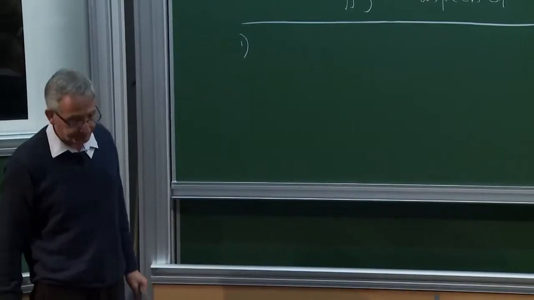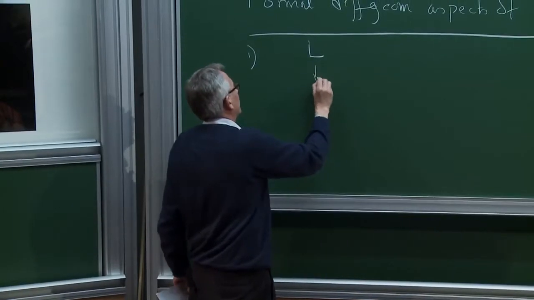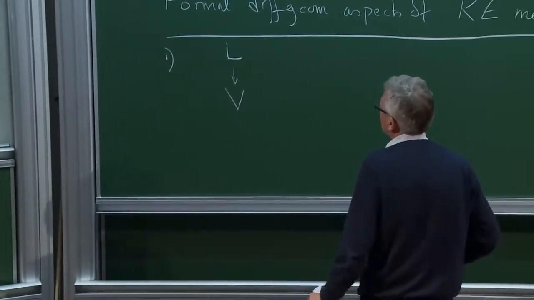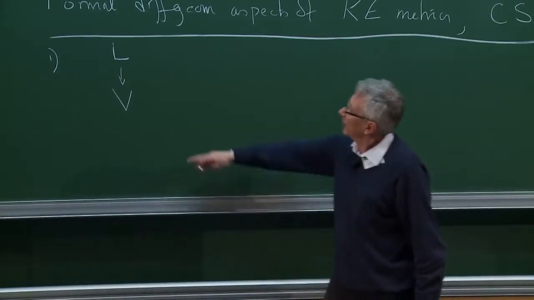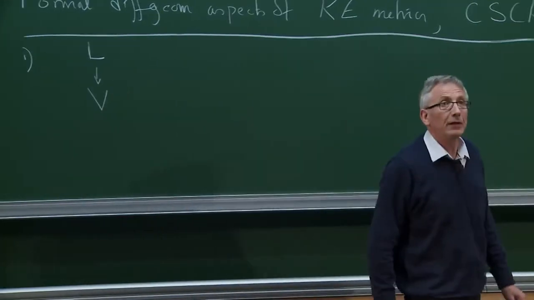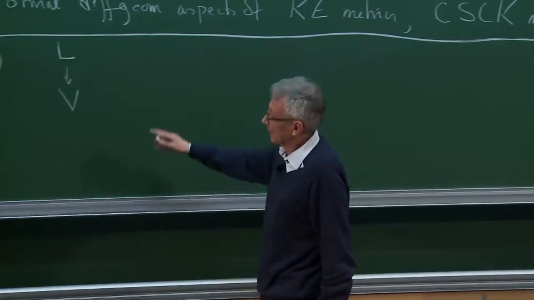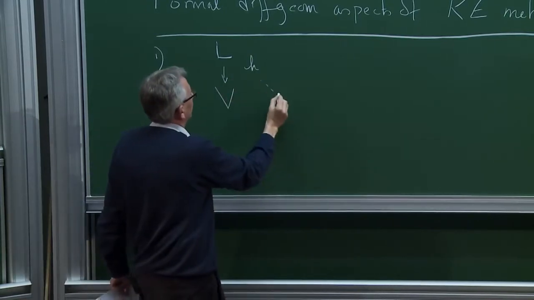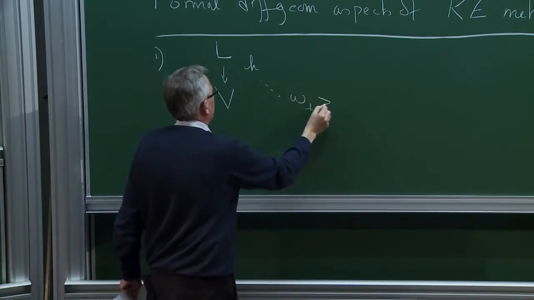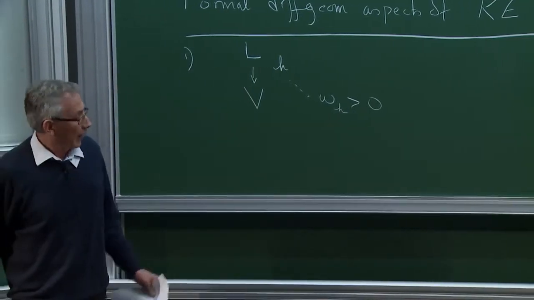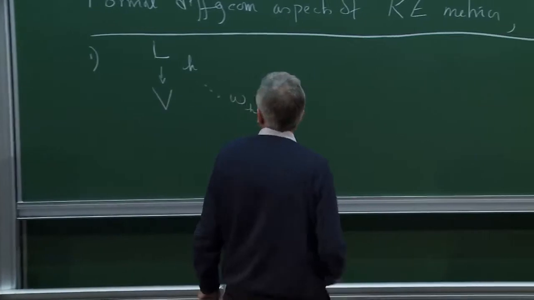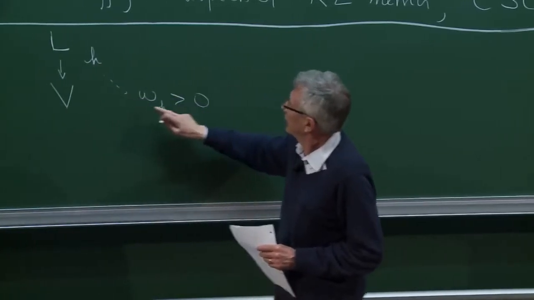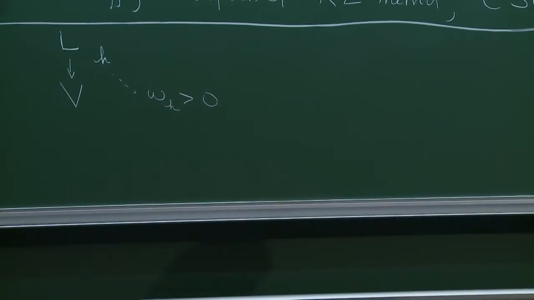If we have, say, an algebraic variety V with a polarization, a positive line bundle L, and we consider Hermitian metrics on this bundle whose curvature form is a positive form, the Kähler metric, so H will be our bundle metric, and this gives a curvature form, say omega H, which we want to assume is positive, then we would like to consider the problem of finding an H such that the scalar curvature of this metric is constant.